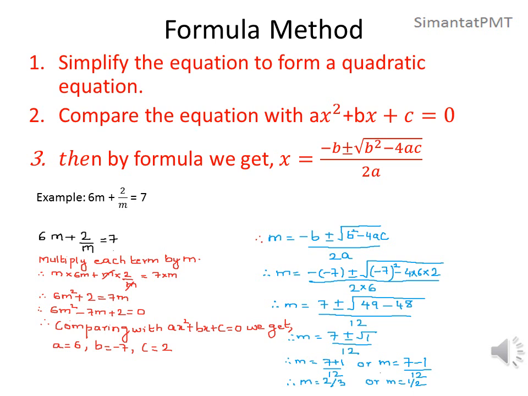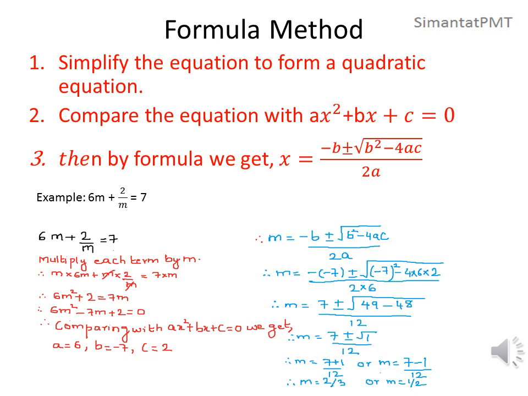Therefore, m equal to, use the formula, minus b plus minus square root of b square minus 4ac upon 2a, and then substitute the values. So we get m equal to minus bracket minus 7 plus minus square root of minus 7 the whole square minus 4 into 6 into 2 upon 2 into 6.